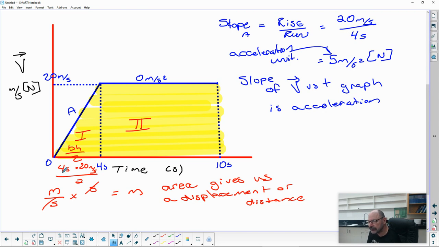So that's 4 divided by 2 is 2 seconds times 20. That's 40 meters. So this object, as it accelerated from 0 to 20 in 4 seconds, traveled 40 meters ahead, or north.